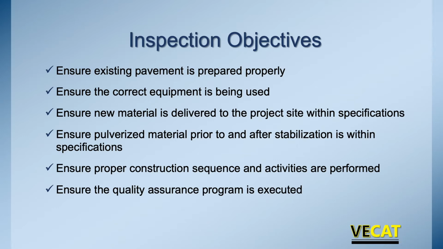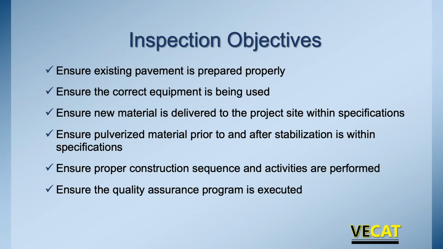If any new material is being delivered, it's within specs. For full depth reclamation, what we'll concentrate on is not the surfacing material, but if aggregate has to be added, the water, the cement, the foamed asphalt, whatever it may be. Are we making sure that the material, prior to and after stabilization, is within specifications?